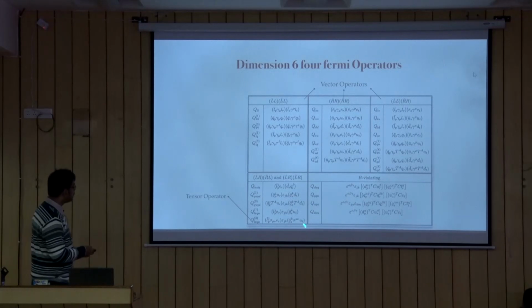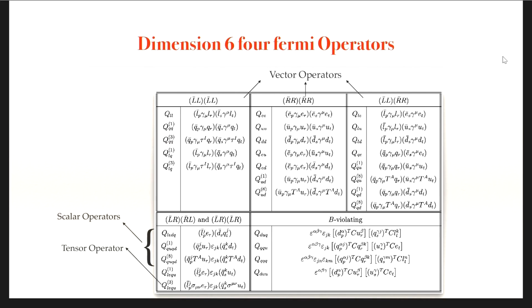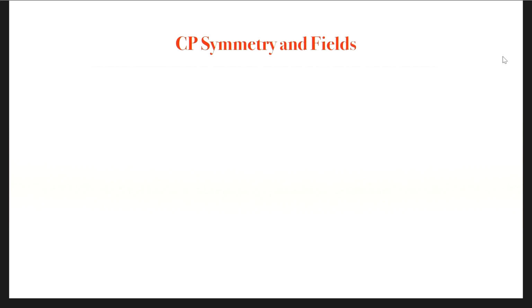Then you can also have a tensor kind of operator with a combination of L bar R bar L, and others called scalar operators. And then there are also baryon number violating operators which you can constitute.